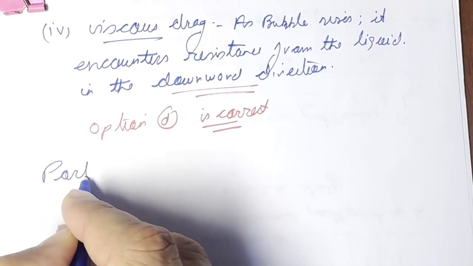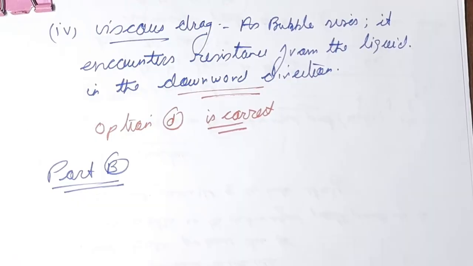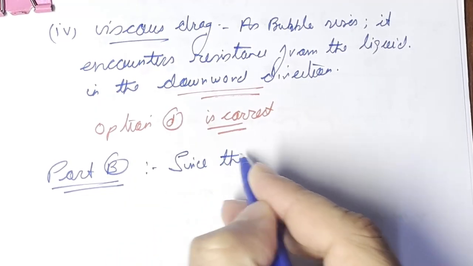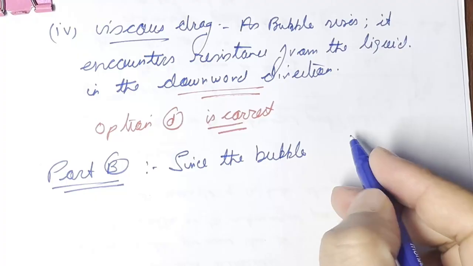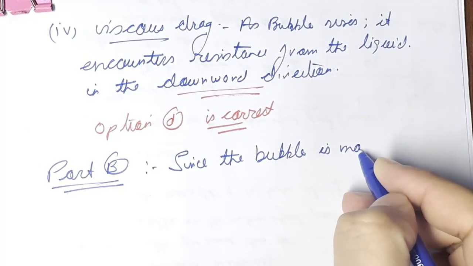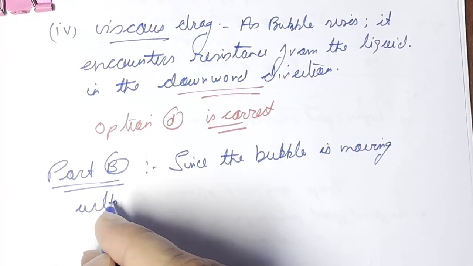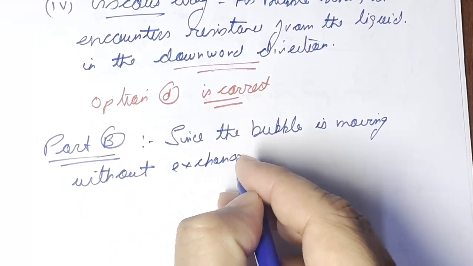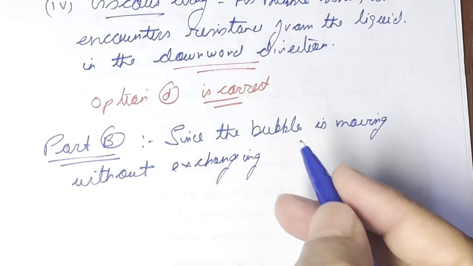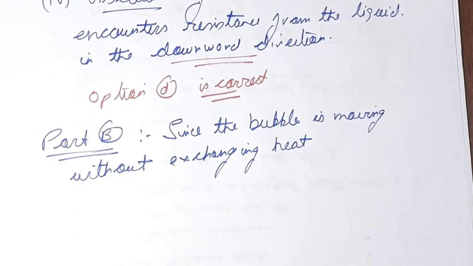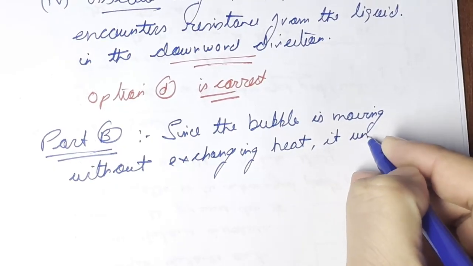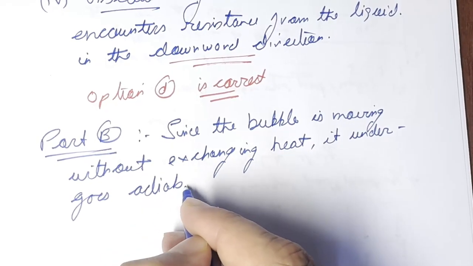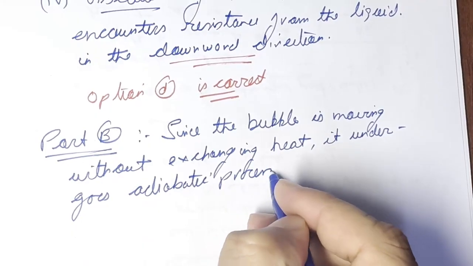So we start for part B. We start from the statement that since the bubble is moving without exchanging heat, it undergoes an adiabatic process.